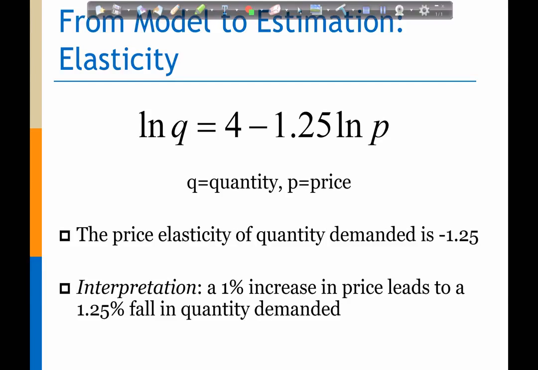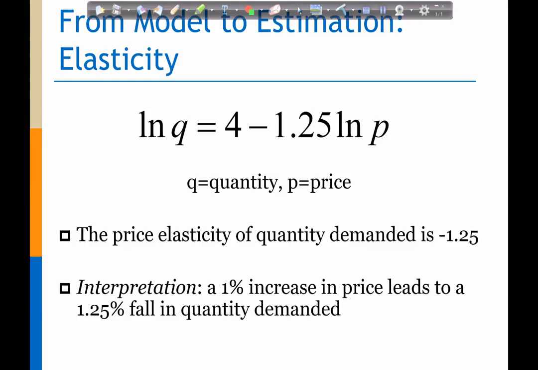Here's another example of how we might estimate a demand function, but in this case, I actually want to estimate an elasticity. So I have the quantity and price in this model, but I'm taking the natural logarithm of quantity and the natural logarithm of price, and then I'm estimating my regression. Because of the properties of logs, the coefficient on the natural log of price is an elasticity.